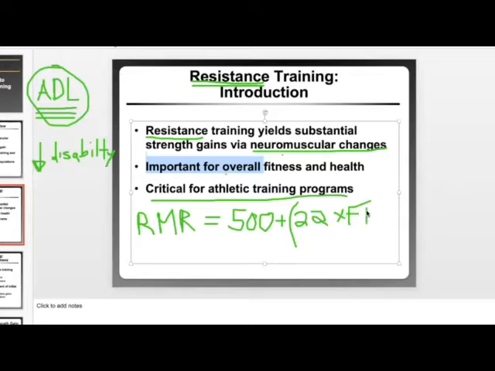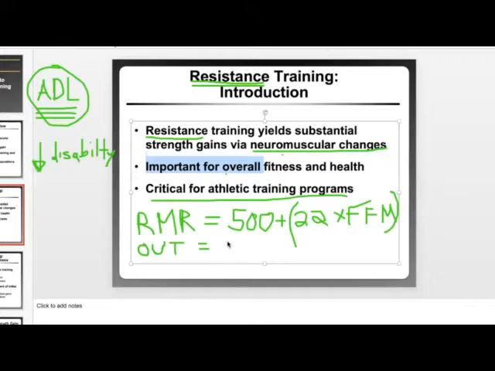So your fat-free mass is your muscle. And right now, what we're saying is that your energy out, the amount of energy that you spend on a regular day, is proportional to the amount of muscle mass that you have.